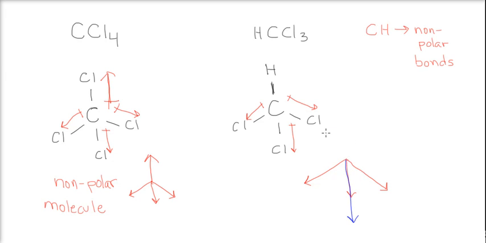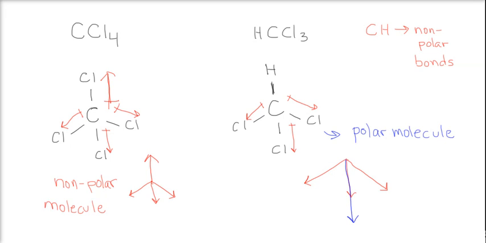Okay, and so this molecule, chloroform, is considered to be a polar molecule. So as you can see, we can have different molecules that have the exact same geometry, but because of the elements or atoms involved, the molecule can be either nonpolar or polar. So this is the essence of deducing molecular polarity.